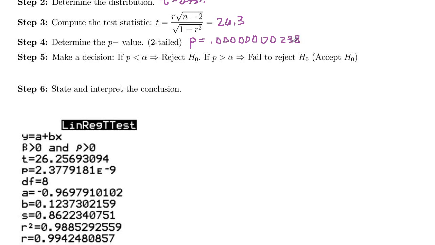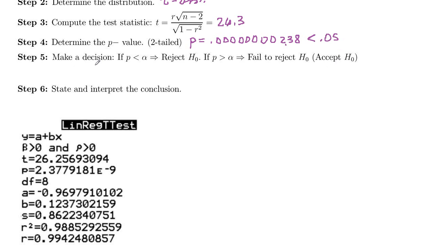So I move that decimal place 3, 6, 9 places to the left. That's what the negative 9 means. And this is definitely less than 0.05, which is our typical significance level.